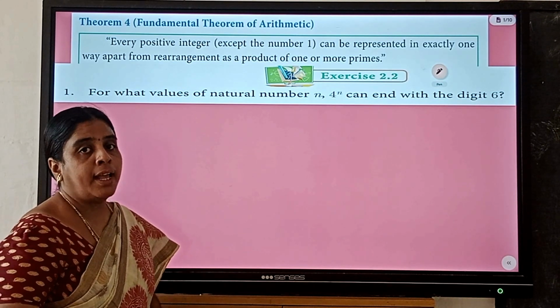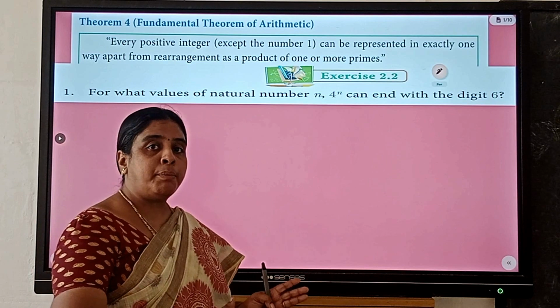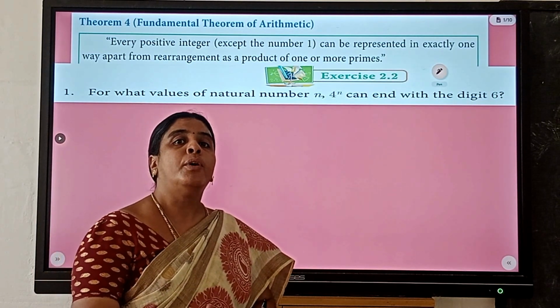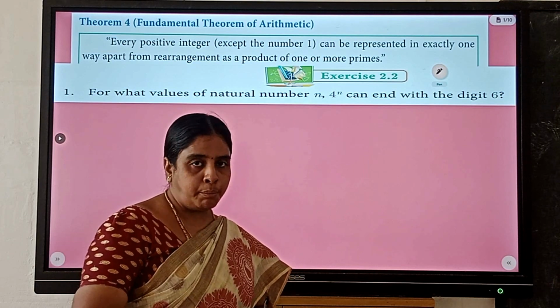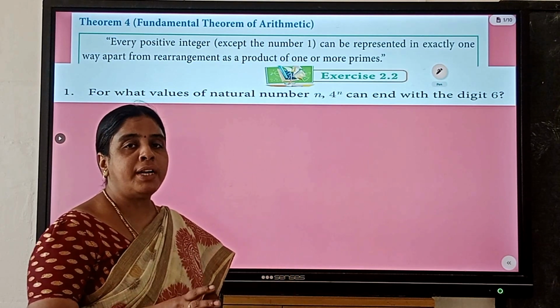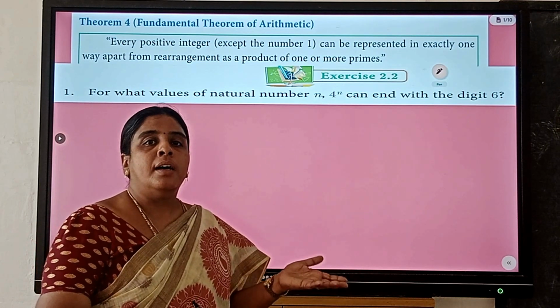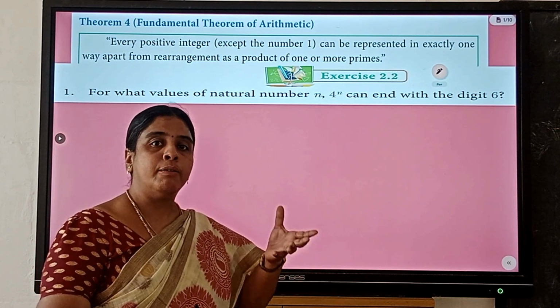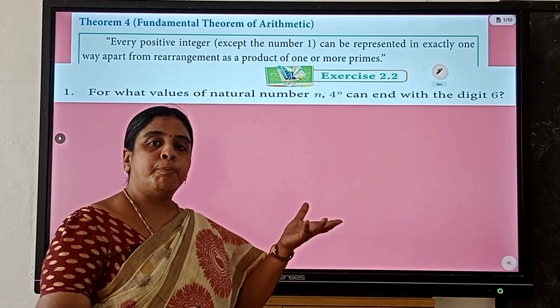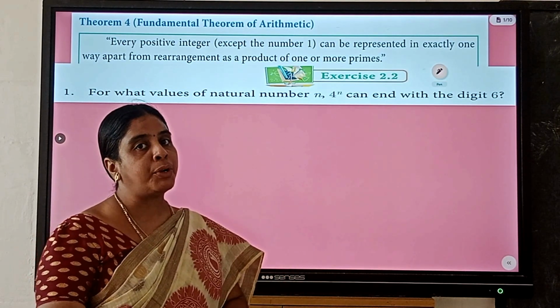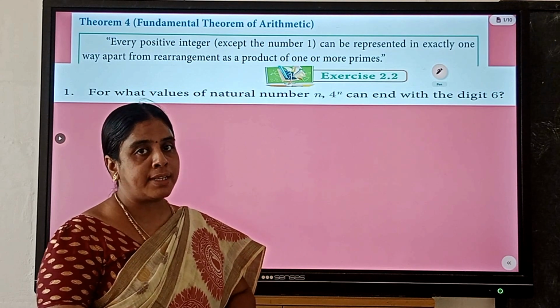That means every positive number other than 1 can be written as a product of one or more prime numbers. This is the fundamental theorem of arithmetic. It explains the method of prime factorization, and in this whole exercise we are going to do prime factorization.